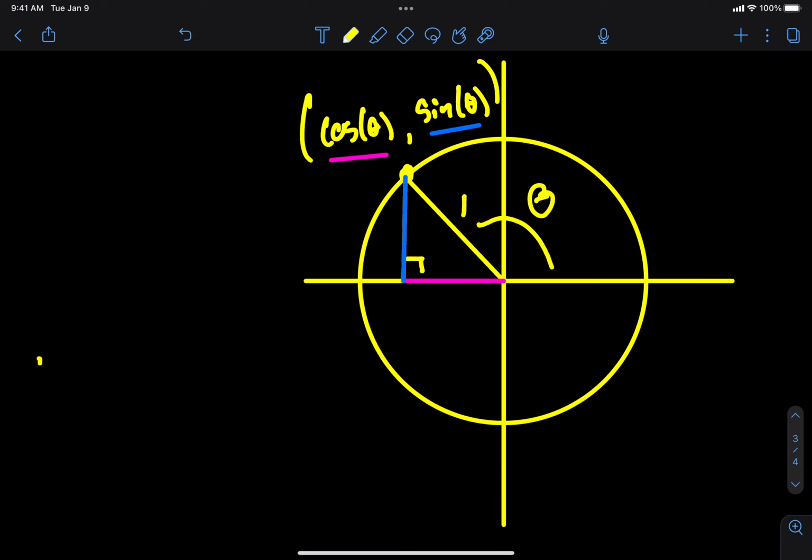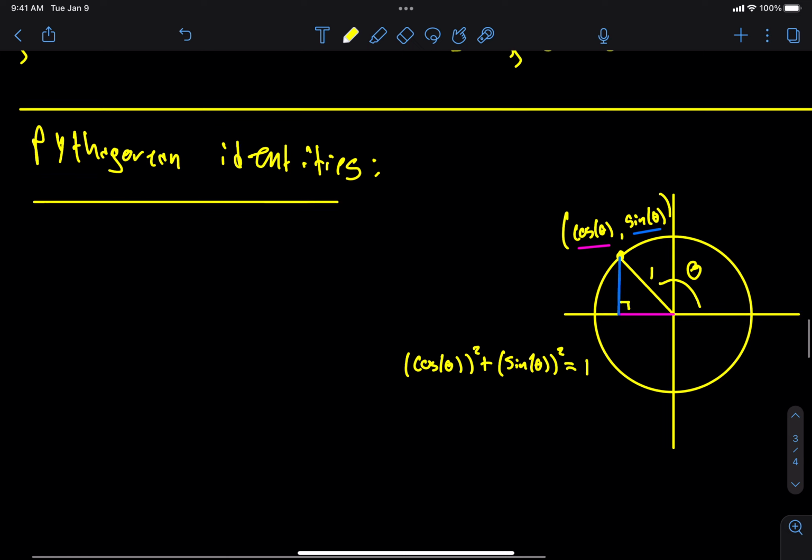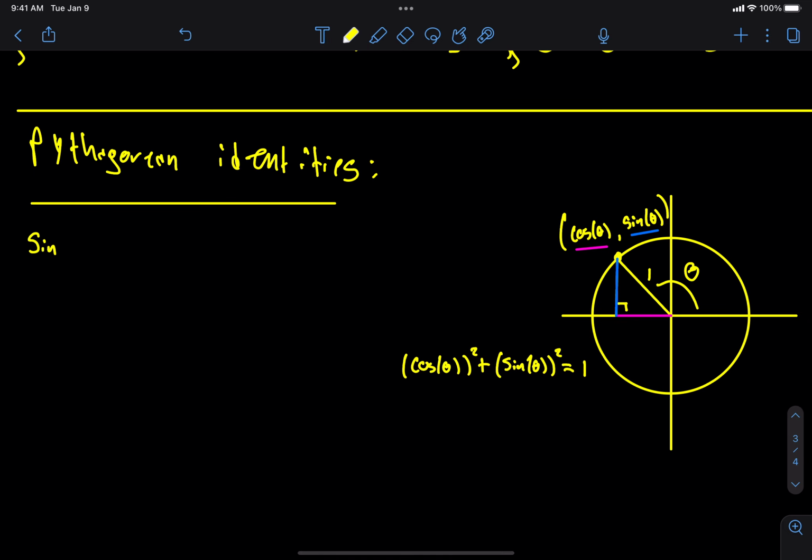So cosine of theta squared plus the length of this leg squared, which would be sine of theta squared, should be equal to what? 1. 1 squared, which is 1. So this gives us our first Pythagorean identity. Sine squared of theta plus cosine squared of theta is equal to 1.